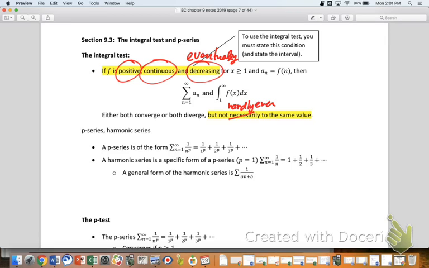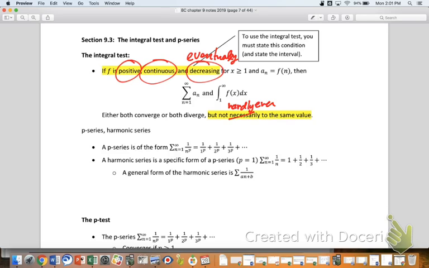Where does it start? The value of the first term would actually start when n is 2, right? See, the height of the rectangle is based on the height at 2, not the height at 1. So I'd have to say i equals 2 to n of whatever that element is. How would these two relate? Which one's bigger? The integral is bigger this time, right? Because we're doing a right sum on a decreasing graph. And so we would say this.